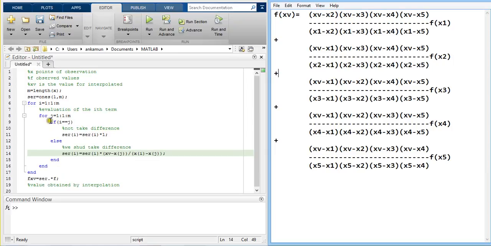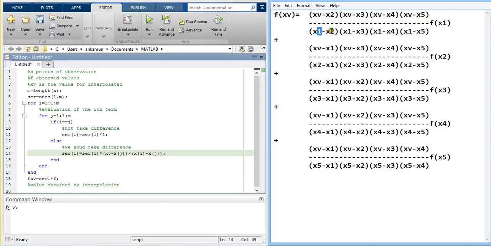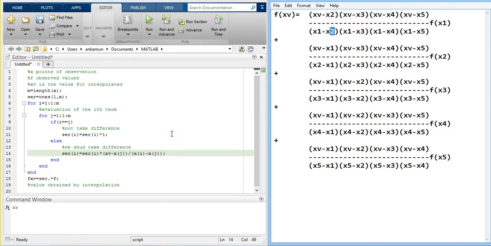Next time when j updates, i and j will not remain equal, so we will be multiplying SER, that is 1, with xv minus the second element of x divided by the ith element, i remains 1, minus the second element of x. Then next time when j becomes 3, my SER contains this much. So next time I will be multiplying this much. Next time this much.